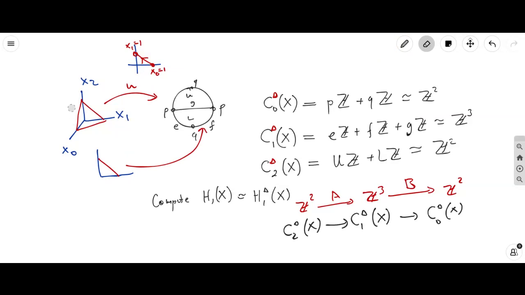So this edge, the orientation, you're going from x0 to x1. So it's like this, right? And this edge over here, that edge. So if you're traveling like that, this side is being mapped from P to Q like this, right?